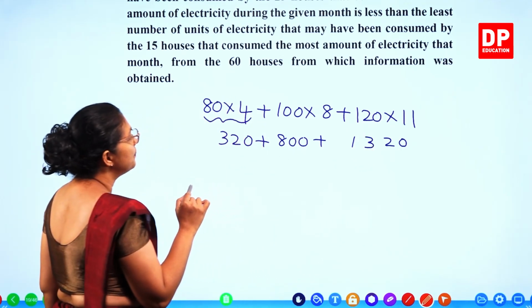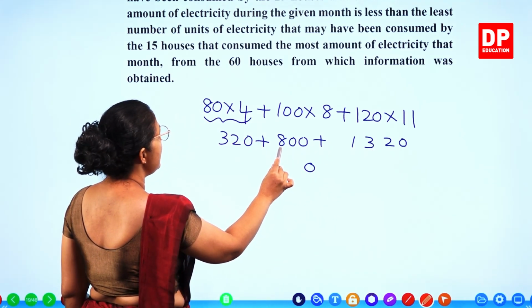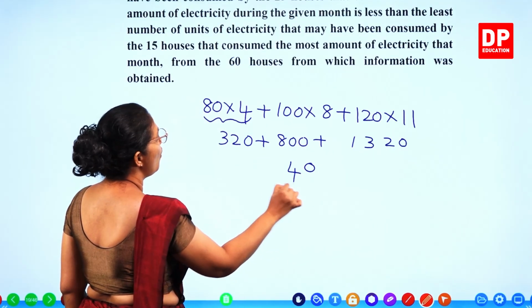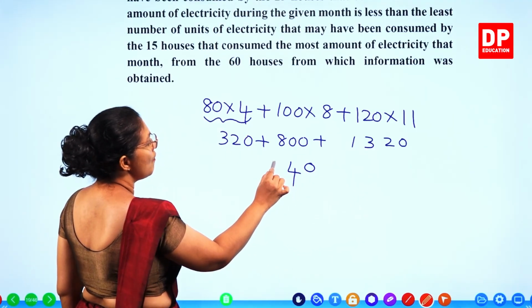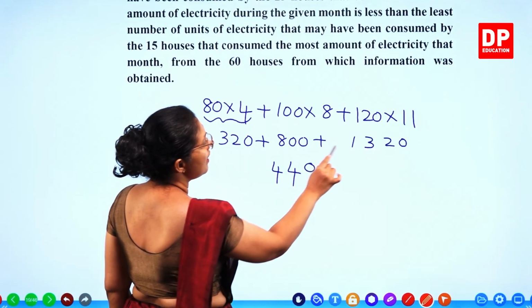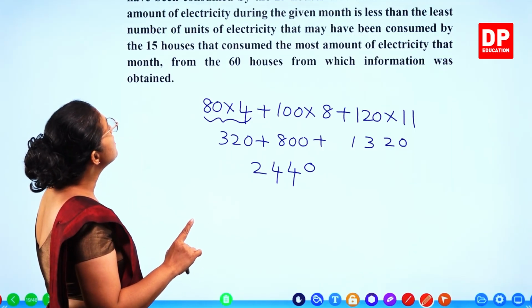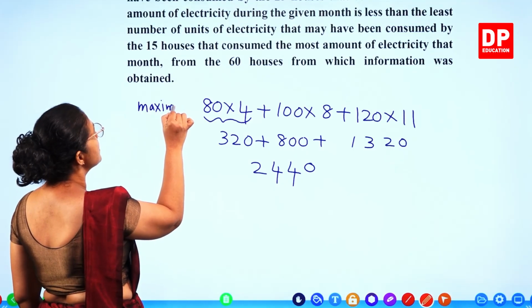So what's the total? 0, 2 and 8, here 2 and 2, 4. 8 plus 3, 11. 11 plus 3, 14. 1 remaining, and this is 2440. So this is the maximum number of units.